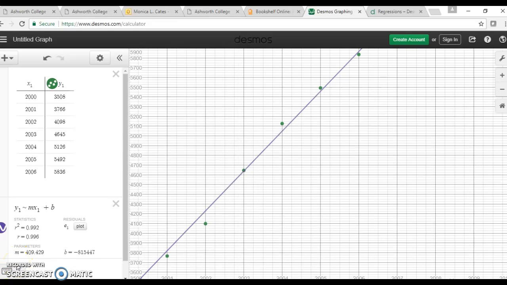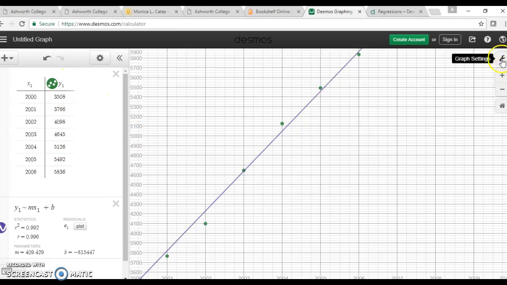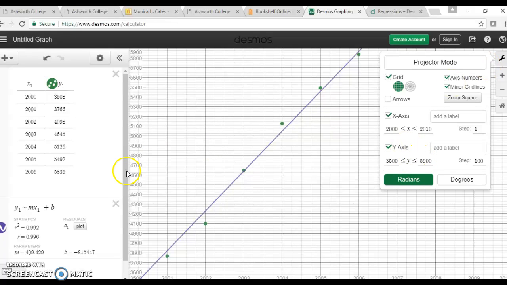Okay, so I tried to make it where you were able to see it a little bit better. I just messed around in my settings. I changed my X minimum to 2000, my X maximum to 2010, because this is the range that I'm looking at. I changed my Y axis minimum to 3500 because that's the minimum here. It was 3508, but you know what I mean. And then my maximum I changed to 5900 so we can see all the way up there.